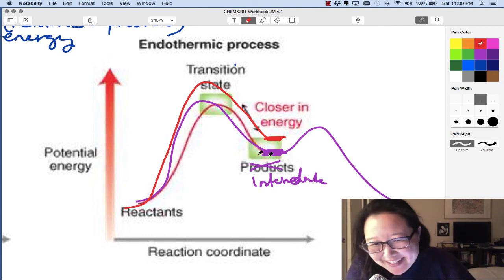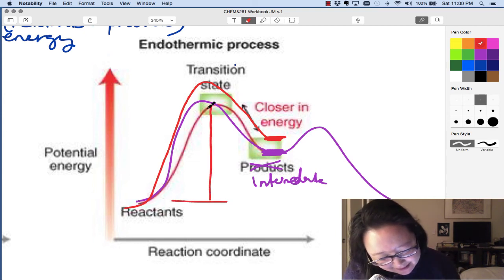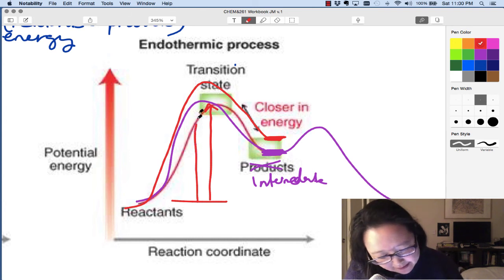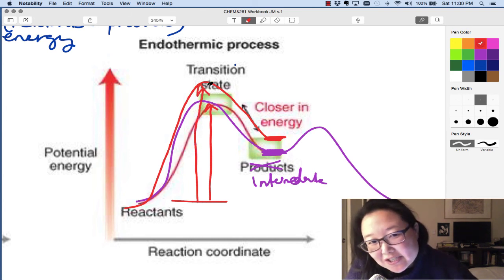So once more, if you have two processes, one leads to a lower energy intermediate, then its transition state will have a lower energy as well, because they should resemble each other. Therefore, we've got an activation energy for this process that will be lower than the activation energy of this one, because of this energy difference between the intermediates.